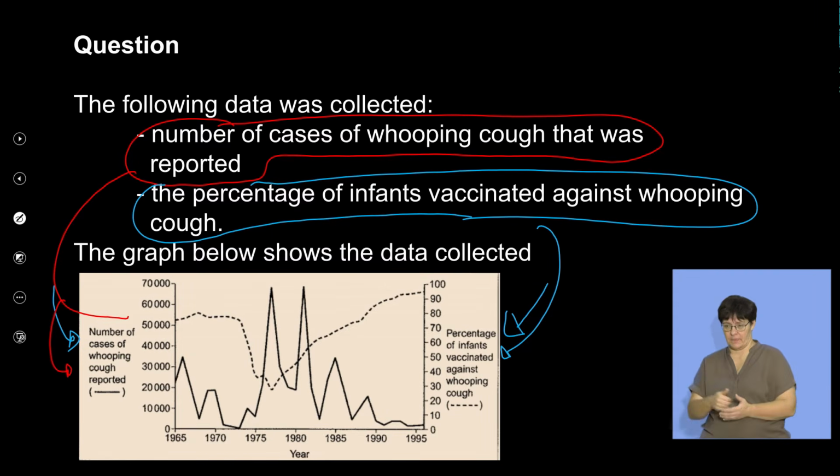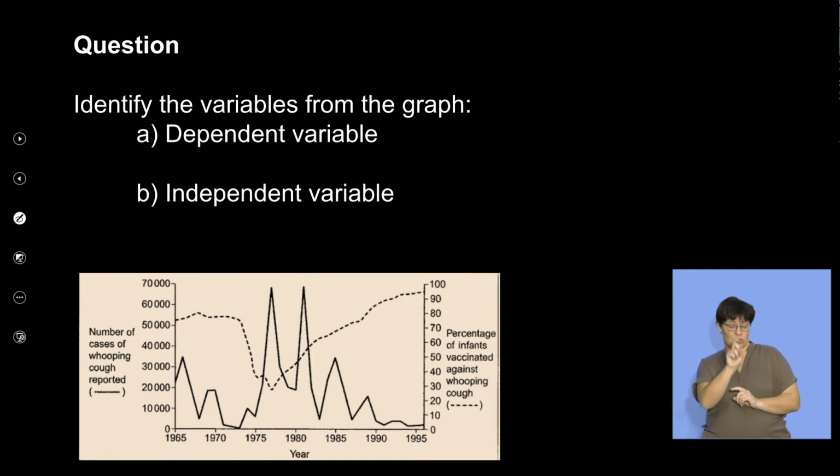So let's see, all right, we're going to come back to this graph quite often. Let's see what kind of questions they're going to ask. This is a very common question when it comes to microorganisms, because we can use microorganisms for experiments. So the concept of a dependent and independent variable is going to be quite important.